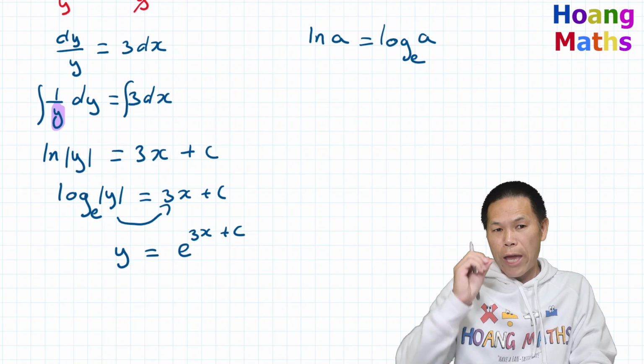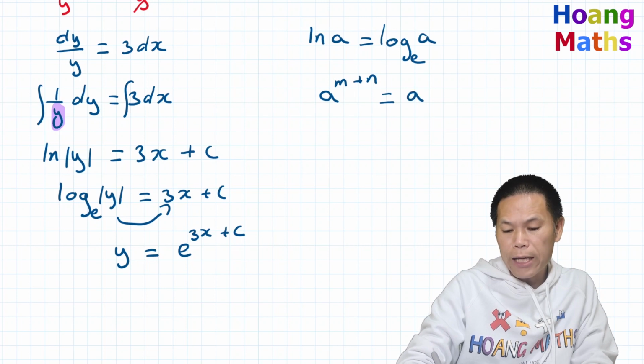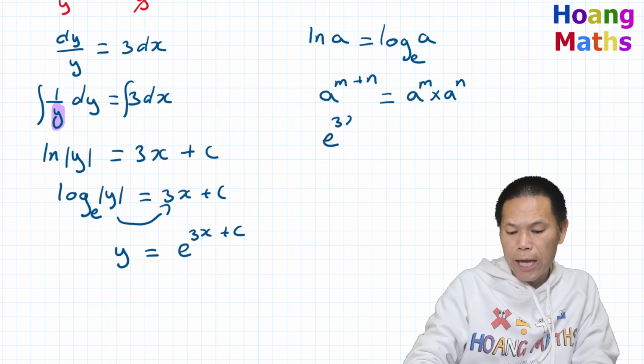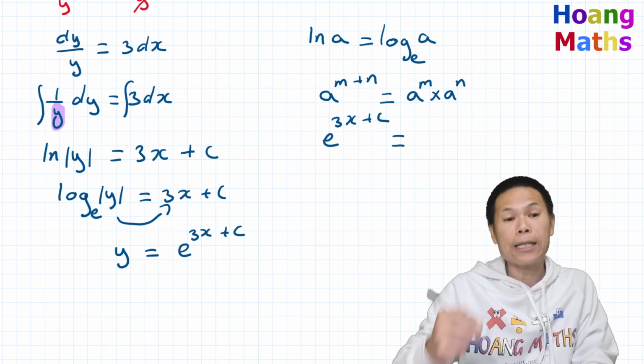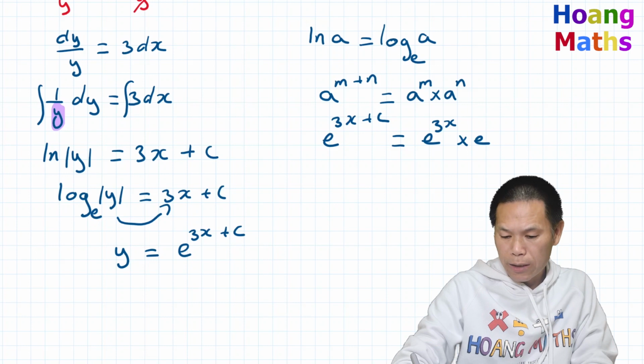So there you go. And remember, a to the power of m plus n is equal to a to the m times a to the power of n. In other words, e to the 3x add c is exactly the same as e to the 3x times e to the c.